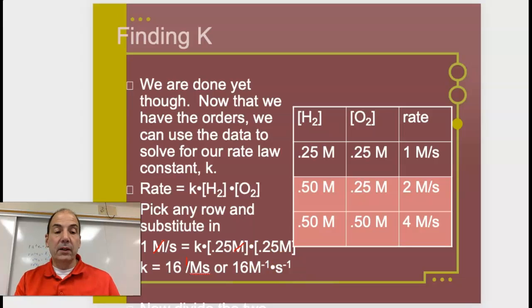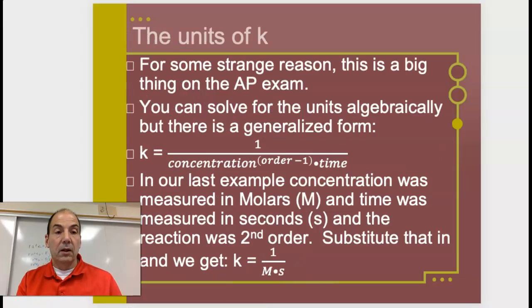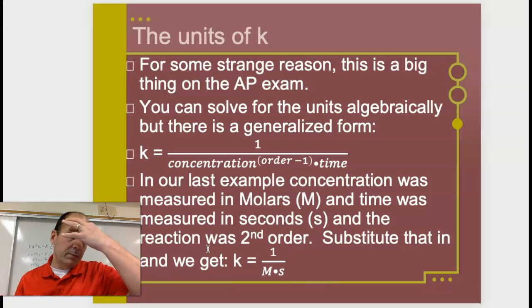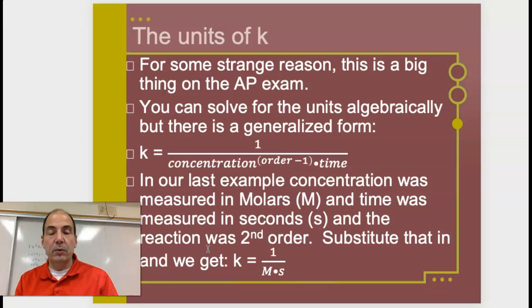There is another way to think about the units, though. And I don't understand why, because when we go to equilibrium, we're going to start ignoring units, but with kinetics, it seems so important to them. The units always follow a pattern here. It's always 1 over the concentration units to the order minus 1 times time units.